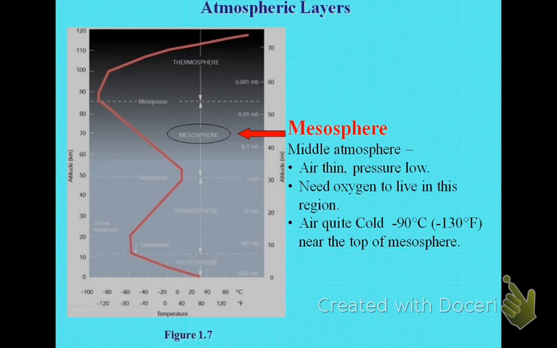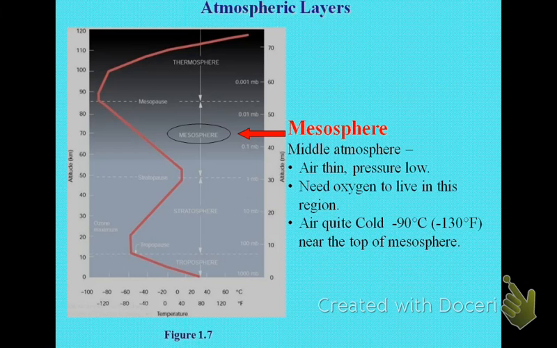Notice that our temperature decreases in this layer again. It decreases rapidly. Why? We don't have that ozone to help hold any heat in. All that heat is just escaping because the air is so thin, there's nothing to hold it in. If you were living in this region, you wouldn't have any oxygen to breathe. That's why the astronauts have to wear their suits.